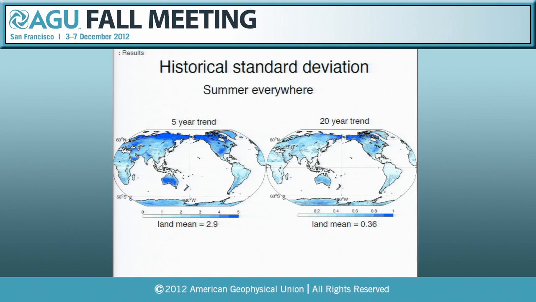This is just the standard deviation of the historical trends, 5-year and 20-year, and they look kind of as you would expect. Standard deviations are greater for 5-year trends, smaller for 20. Standard deviations are greater in mid and high latitudes than the tropics. What are the units? This is degrees per decade, sorry. Yeah, units are degrees per decade.